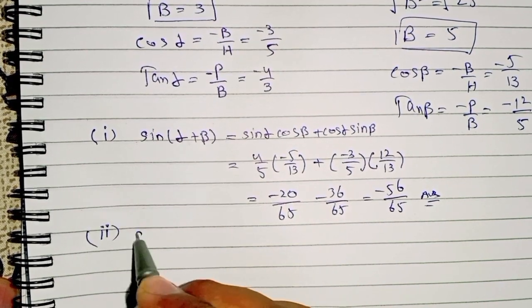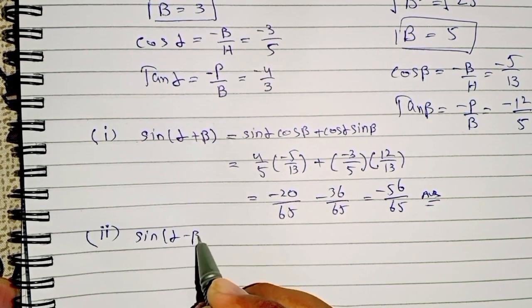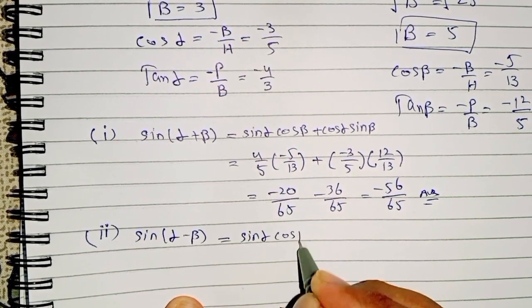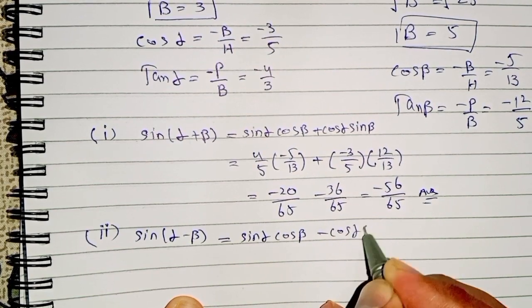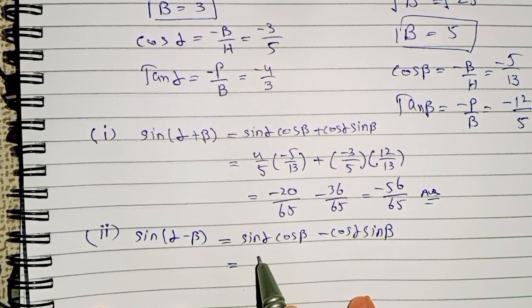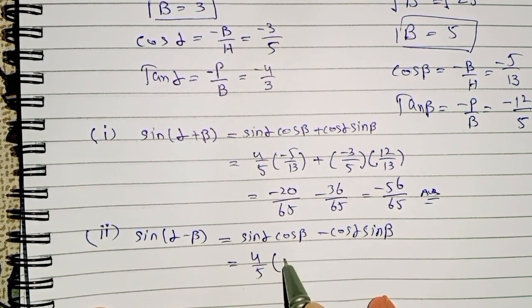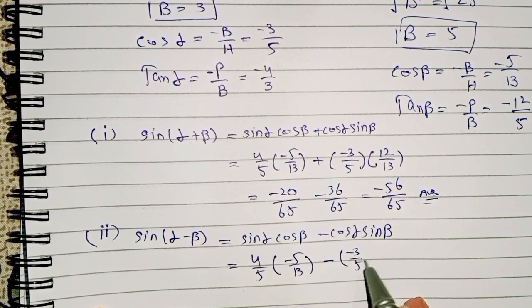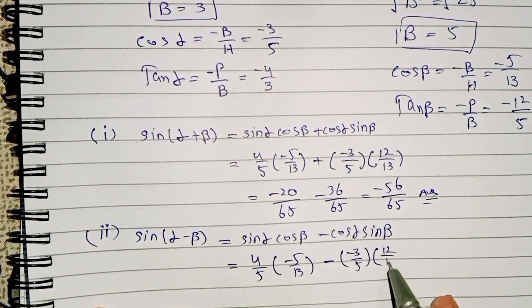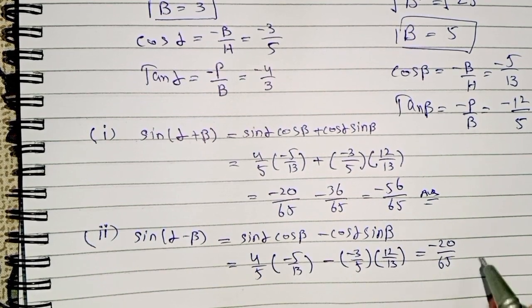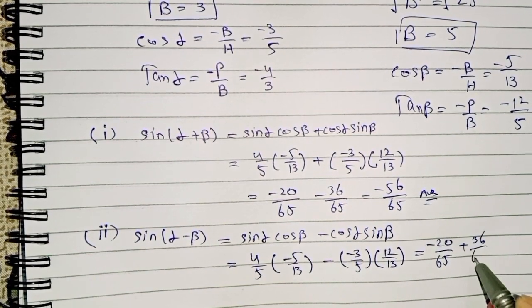Now we find the second part, sine of alpha minus beta, which is equal to sine alpha cos beta minus cos alpha sine beta. Putting the values: sine alpha is given as 4 over 5 and cos beta is minus 5 over 13, minus cos alpha, minus 3 over 5, and sine beta 12 over 13, which is equal to minus 20 over 65 plus 36 over 65, since minus into minus is equal to plus.